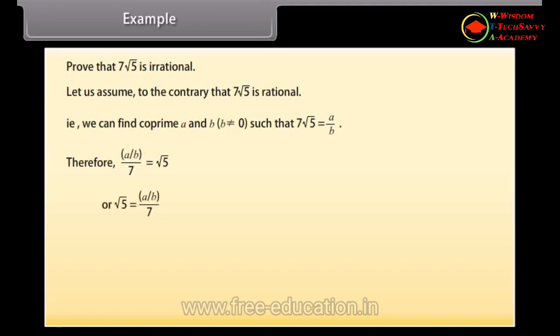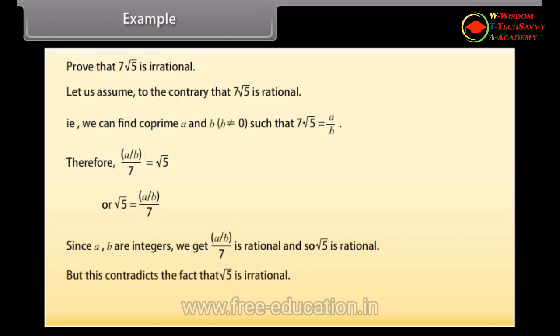Since a, b are integers, we get a upon 7b is rational, and so square root 5 is rational. But this contradicts the fact that square root 5 is irrational. This contradiction has arisen because of our incorrect assumption that 7 square root 5 is rational.